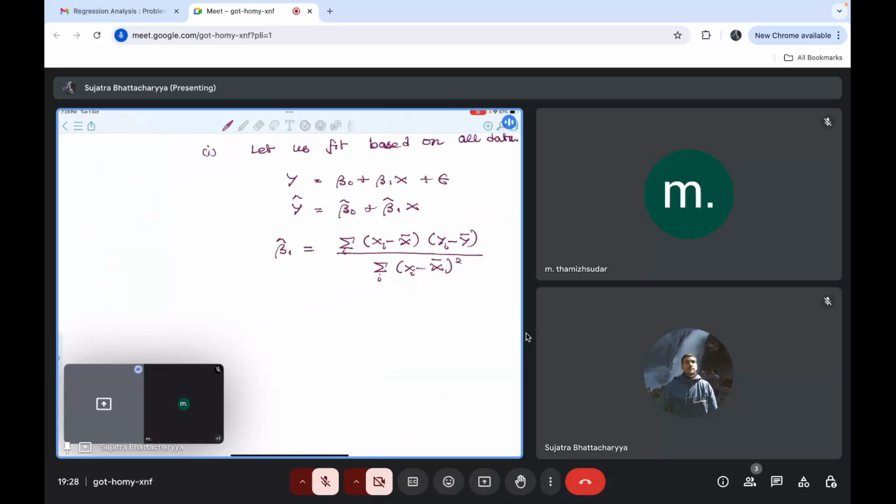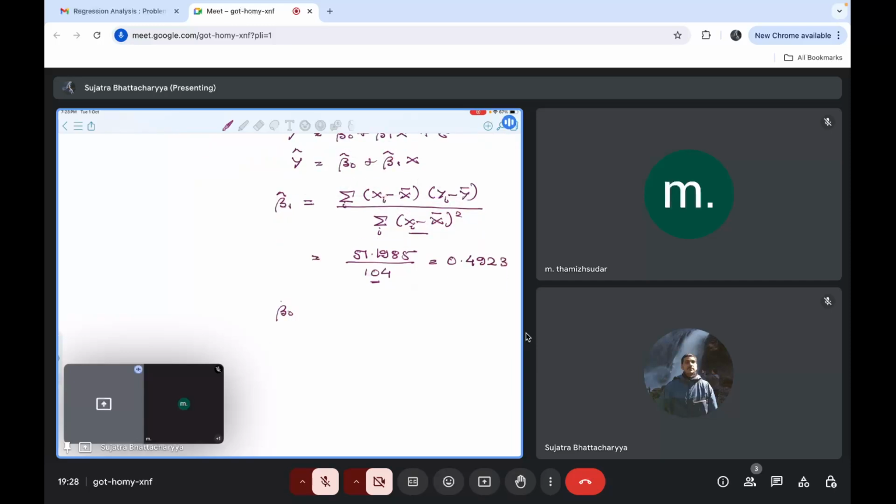Let me just quickly write it so that it will be clear, and you can check later on. It will be 51.1985 divided by 104. Finally, you get 0.4923. And beta naught hat is y bar minus beta 1 hat x bar.